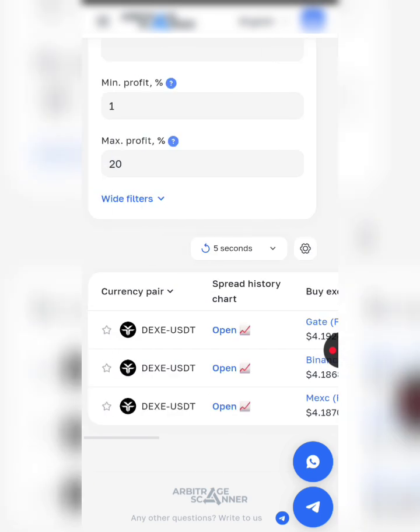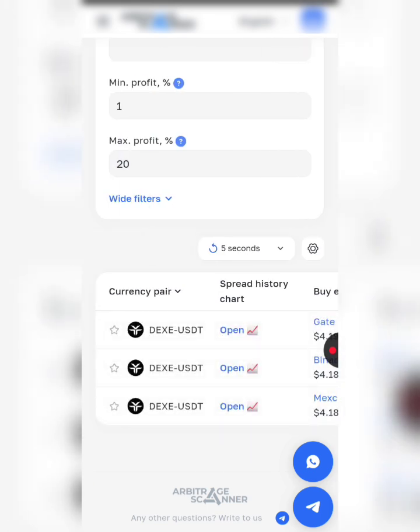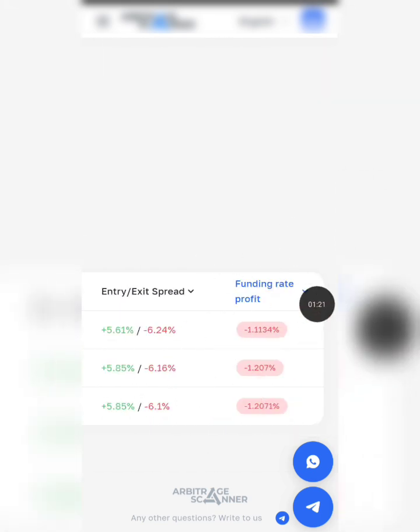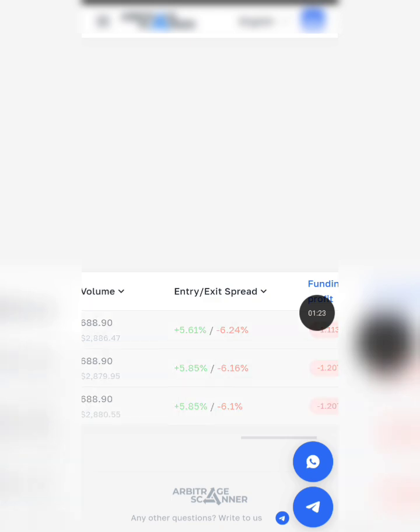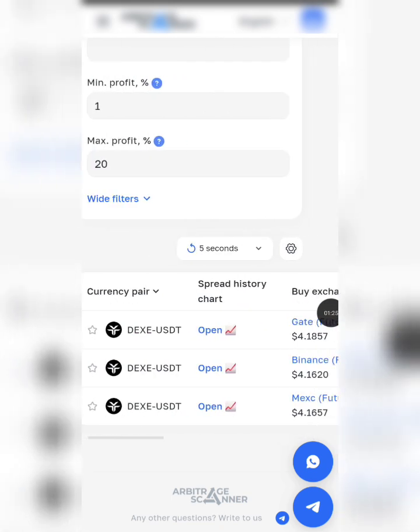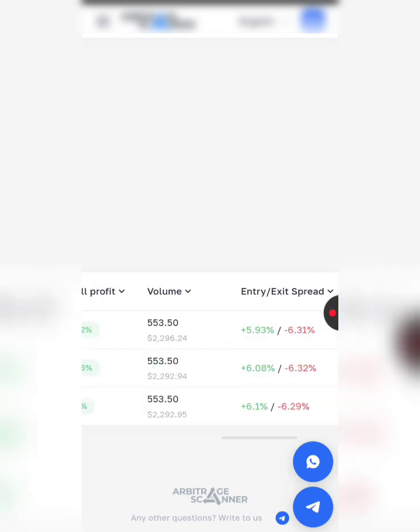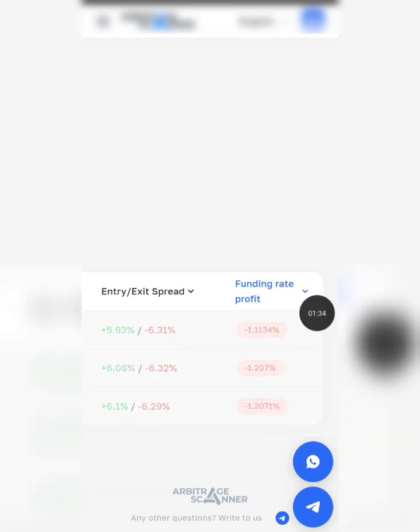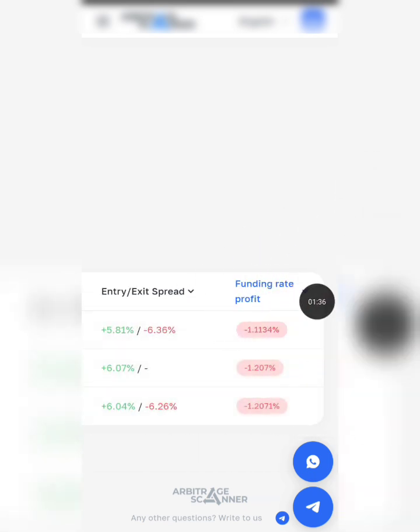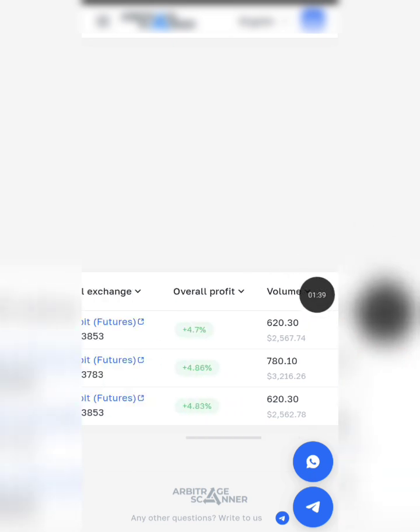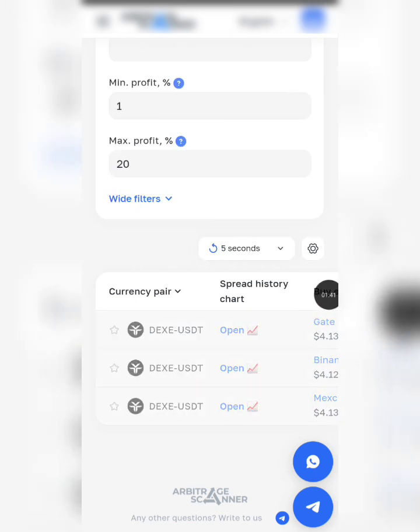There are two things involved in futures arbitrage. You are either looking to take advantage of the funding rate or take advantage of the spread. The one I just did, I took advantage of funding rates and also a slight difference in the spread. But for this particular one, where the funding rate profit is negative, I'll be taking advantage of the spread. That's how you do this, and I hope to make more videos about this.